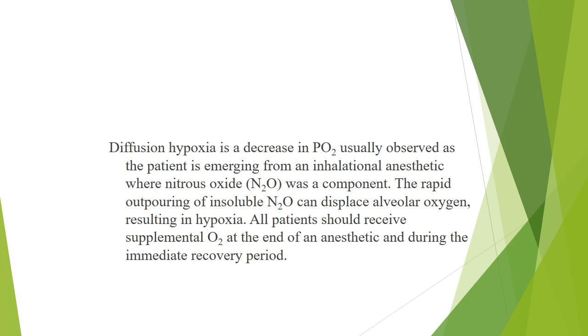As it has very low blood solubility, it has a fast rate of recovery. During the recovery phase, nitrous oxide distributes from other parts of the body to the blood, from the blood to the alveoli, and from the alveoli to the outside of the body. When it moves from the blood to the alveoli, it displaces alveolar oxygen, which can result in hypoxia because there is sudden release of nitrous oxide.